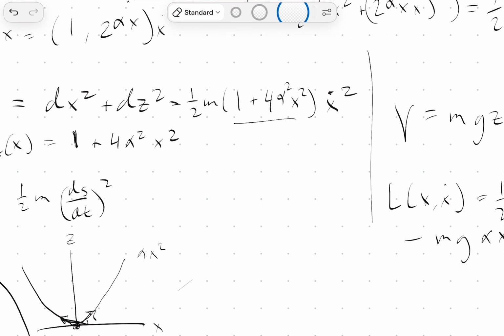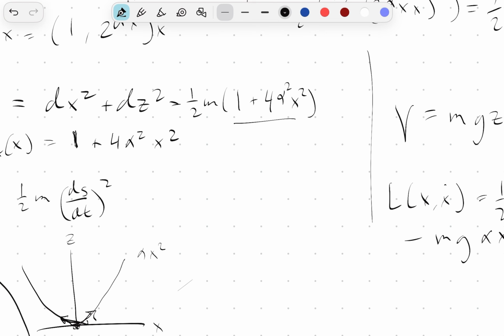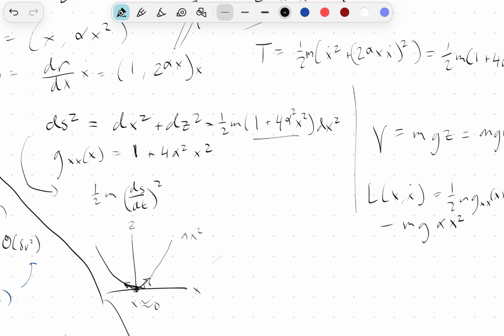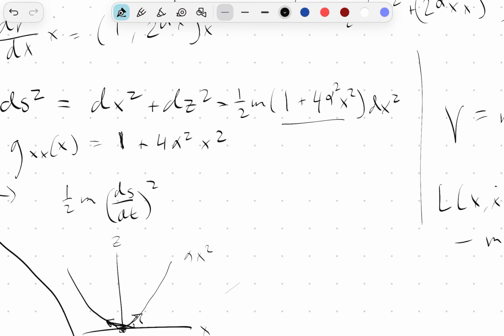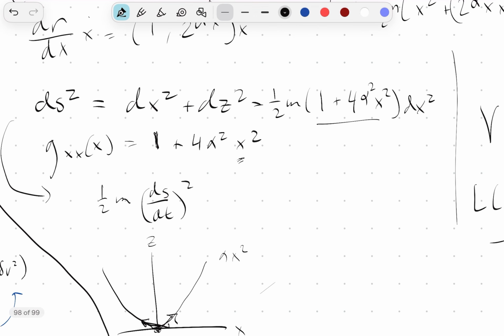Where is the eraser? Easy fix though. That should be an x squared, dx squared. Okay, so this would be Euclidean if we send x to 0, the metric just becomes 1.